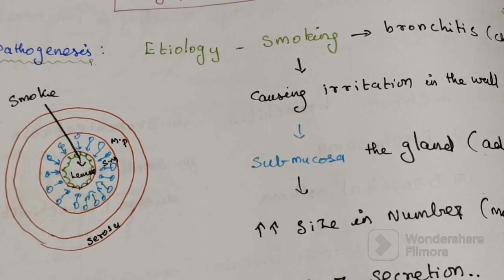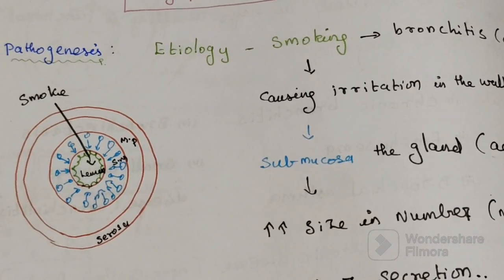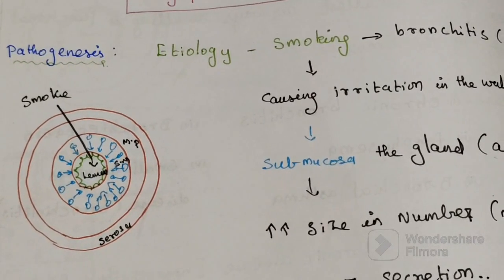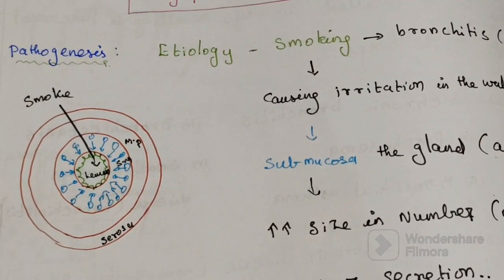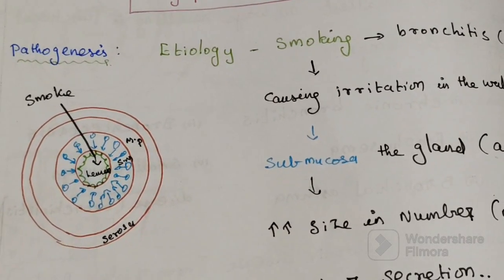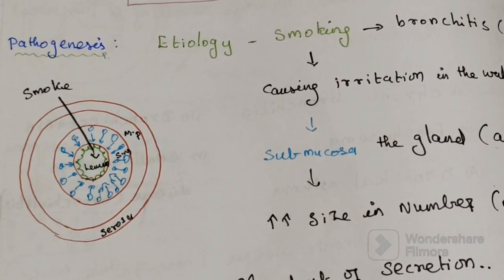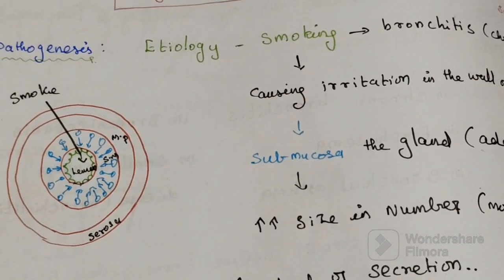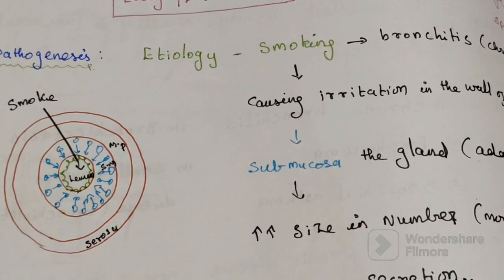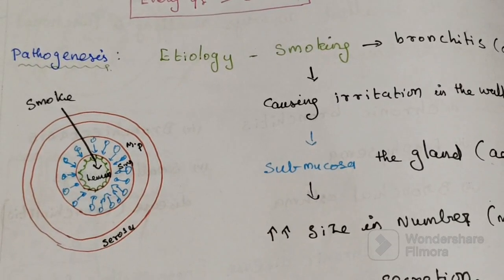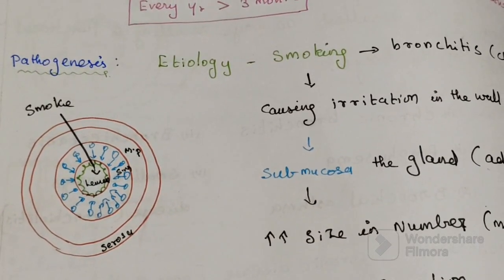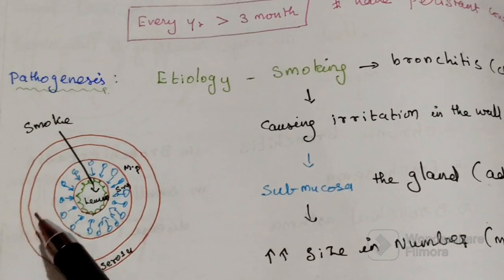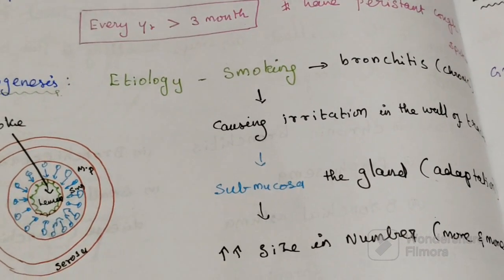The lungs are used for respiration, but some people misuse them and smoke. When they smoke, the smoke goes inside the lungs and reaches the trachea. So the smoke irritates. Smoking causes irritation in the wall of the trachea.